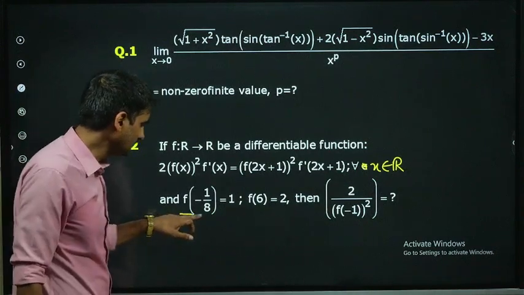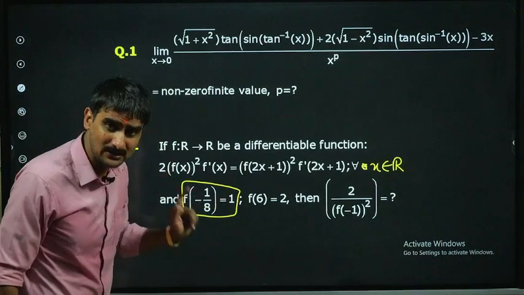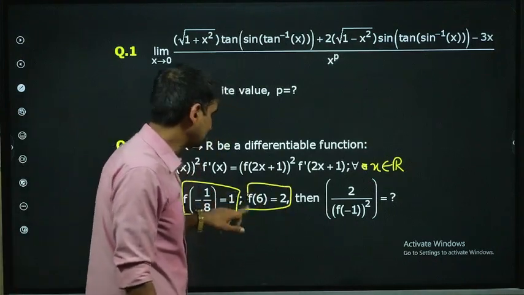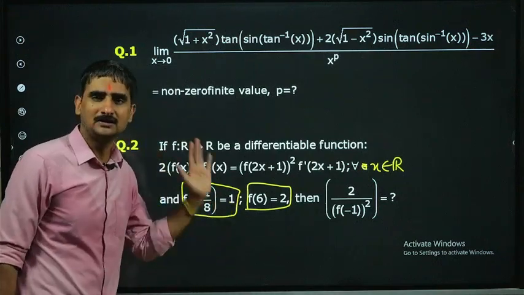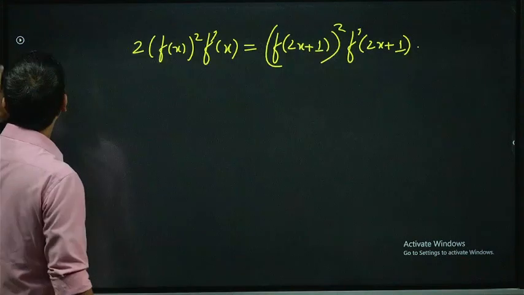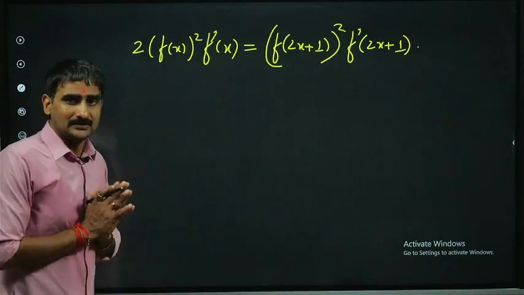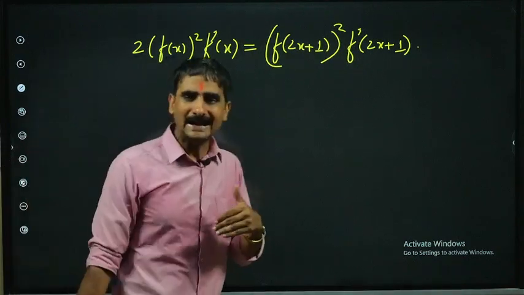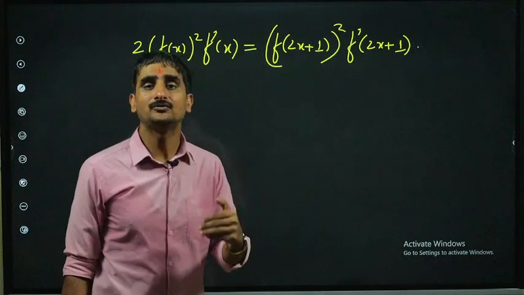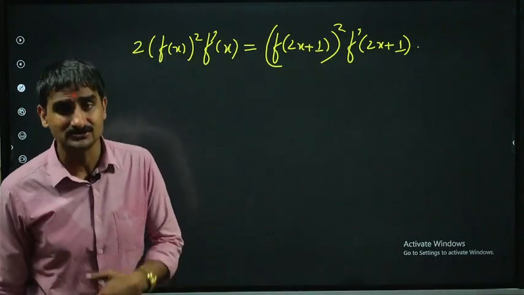Now we are given 2 more values: f of minus 1 by 8, and we are given f of 6 here. So see, if I treat it as a differential equation, f of x as one function, f of 2x plus 1 as another function, g of x.